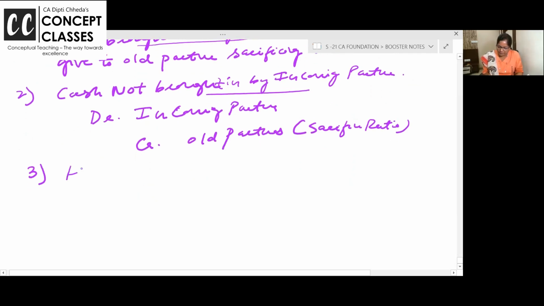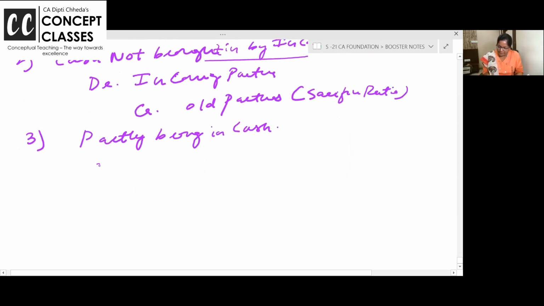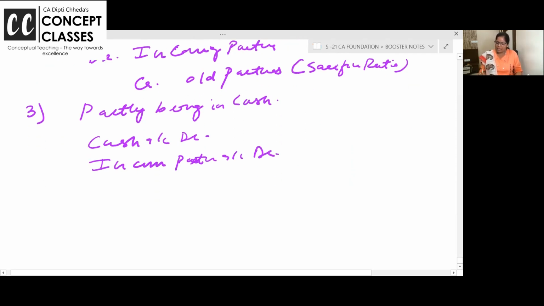Third method is partly brought in cash. Cash account debit, incoming partner account debit. Writing this brings a lot of clarity. Cash account debit, whatever is brought in cash, say 60%.